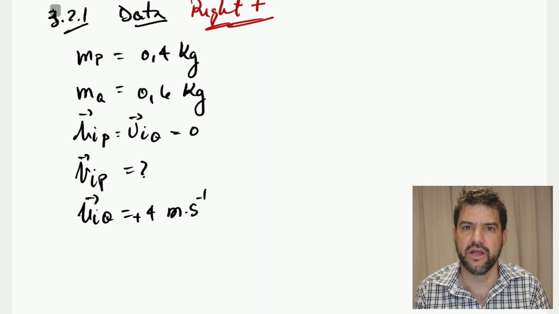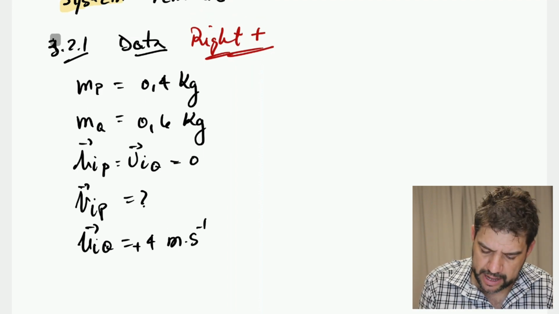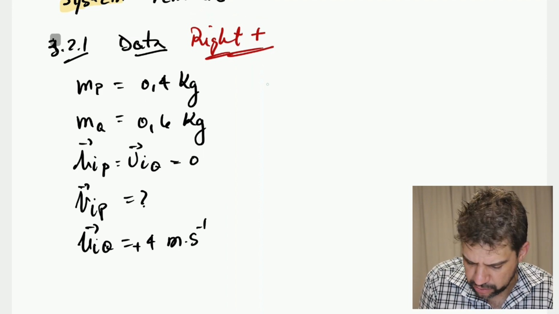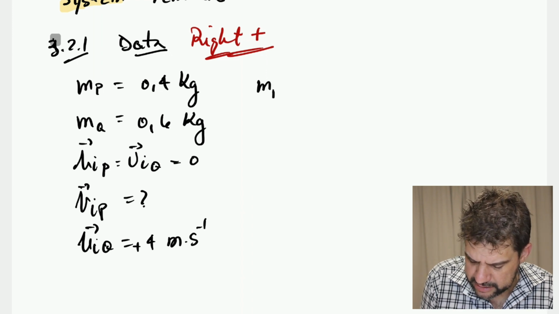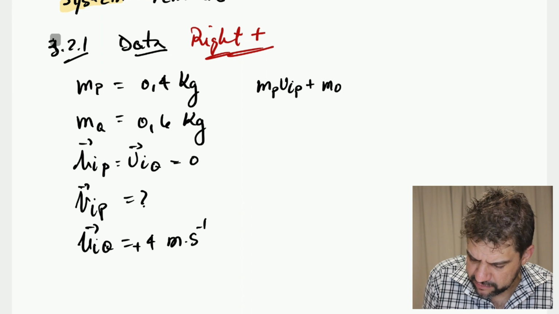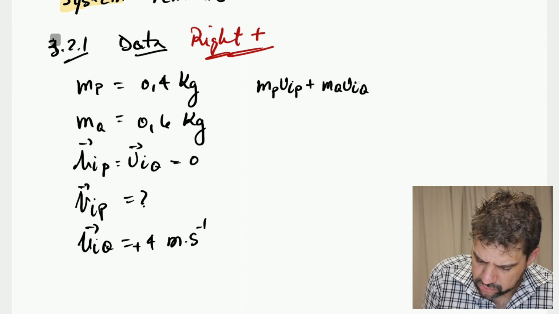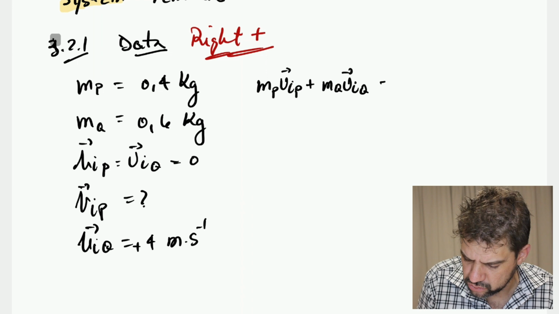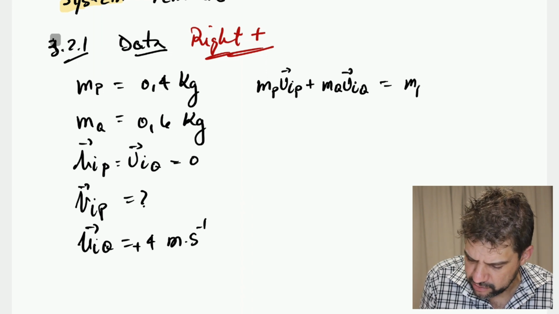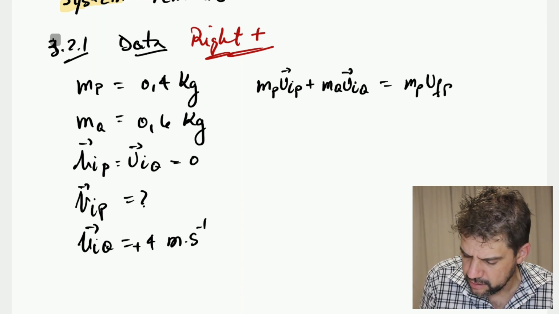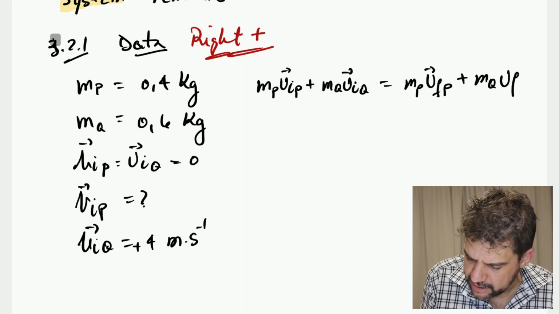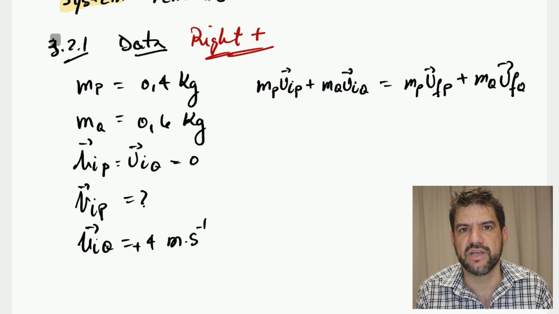The rest is to use the law of conservation of momentum. And remember, I told you to start from this point. MP, initial velocity of P, plus MQ, initial velocity of Q, using vector notation, is equal to MP, final velocity of P, plus MQ, final velocity of Q. Guys, the rest is to substitute.